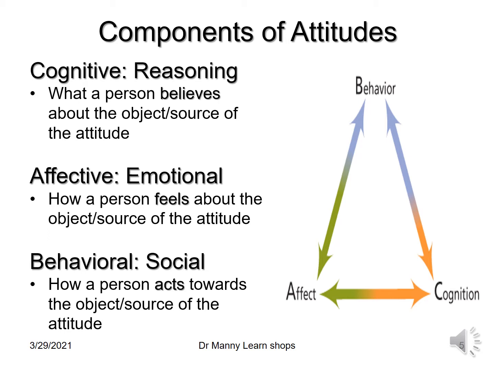Then you've got behavioural: how the person acts towards the object or source of that attitude. So cognitive is about reasoning, what the person believes. Affective, it's about emotions, how the person feels about it. Behavioural is how they act.